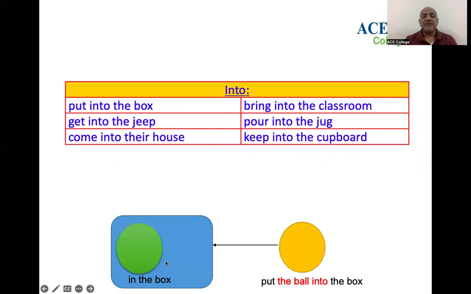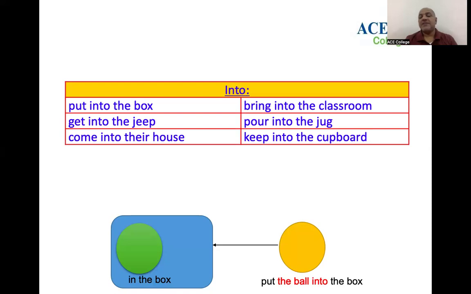So now you have to understand the difference between in and into. If you put something into the box, into the box means you put inside it. If there is already something there, we have to say in the box. For example, you take a pen, you put it into the box.